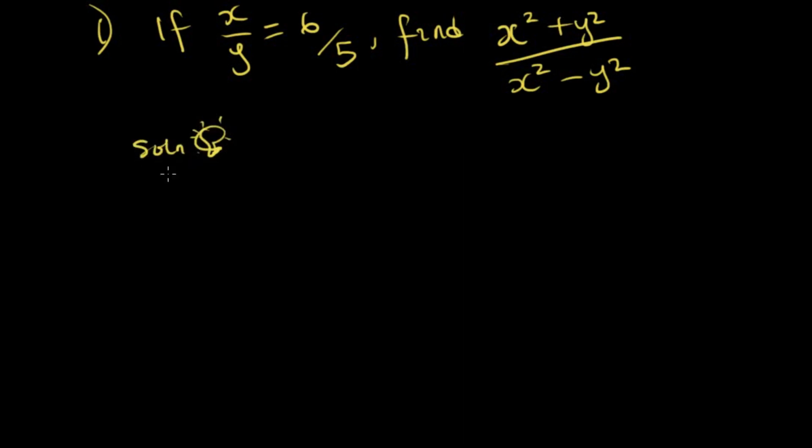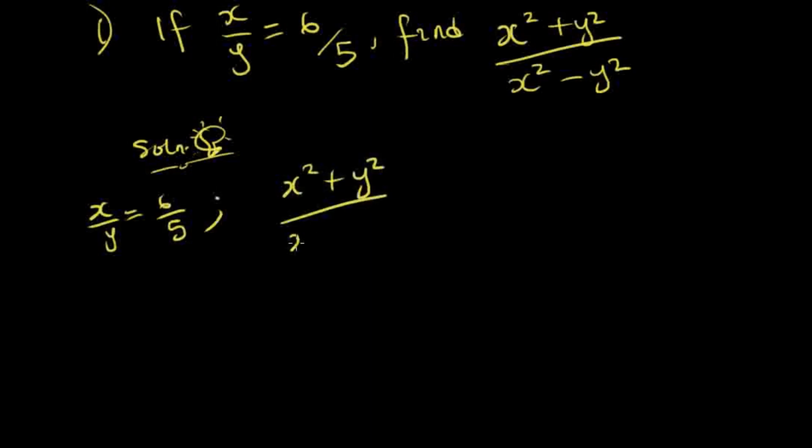Okay, so if you want to solve this problem, there are different ways of doing it. Remember, x over y is equal to 6 over 5. So if they give me x squared plus y squared over x squared minus y squared, one thing I can do is decide to divide all terms by y squared.